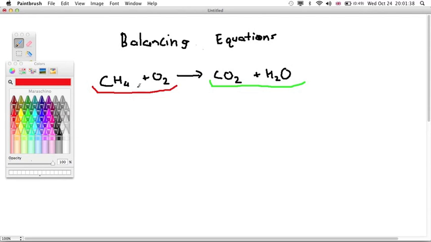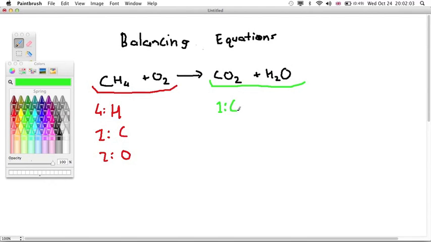Well, how do I tell you this? This part has four hydrogens, four H's. This one has one carbon and two oxygens.